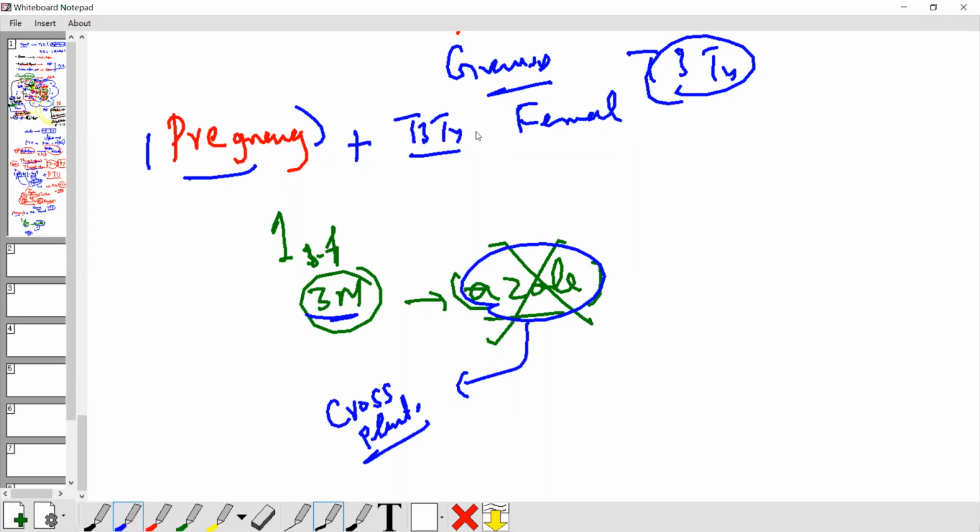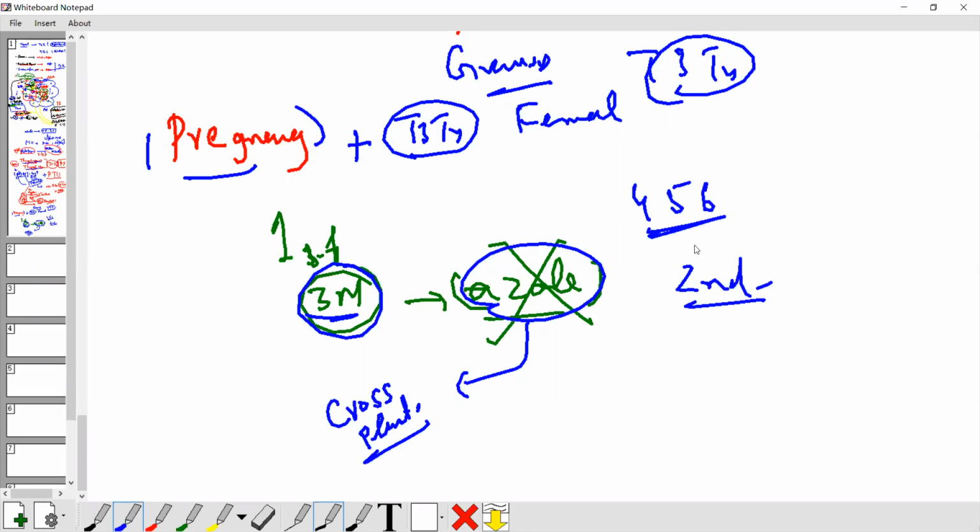If it's a hyperthyroidism case in pregnancy, I can't use azole in the first trimester. If the scenario says second trimester, which starts from the fourth month, fifth month, sixth month, you can use both of them, methimazole and carbimazole. Don't just focus on the word pregnancy; also see the time they've written.